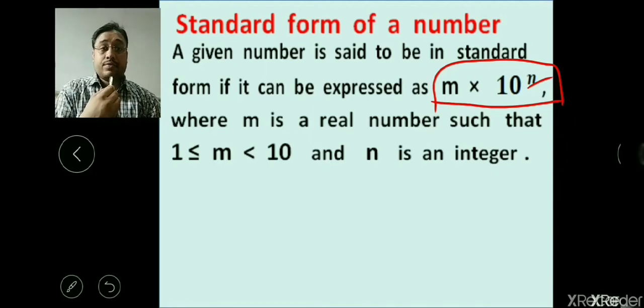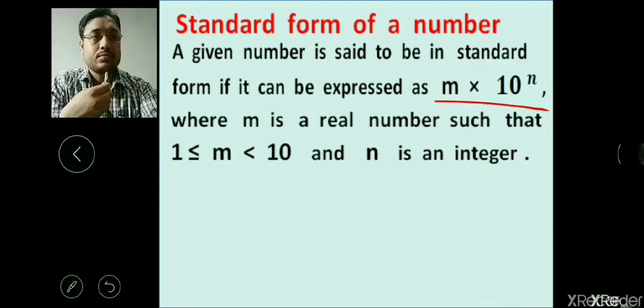And if the number you are expressing in standard form is very small, such as the atomic radius of atoms or molecules, then the power n will be a negative integer.